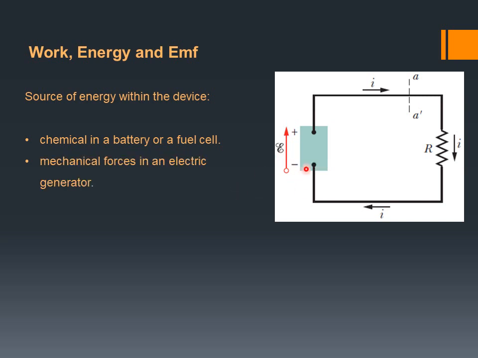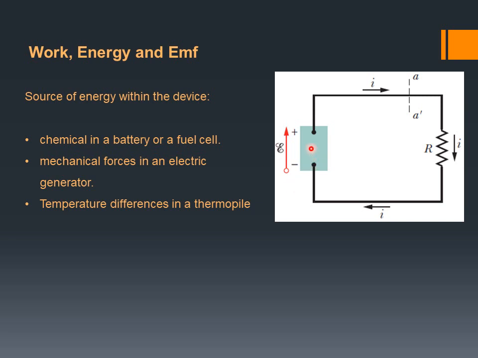Similarly, if it is an electric generator, as I stated that we haven't specified it, then the mechanical forces in an electric generator, at the cost of that mechanical energy, lift the charges from low potential to higher potential.